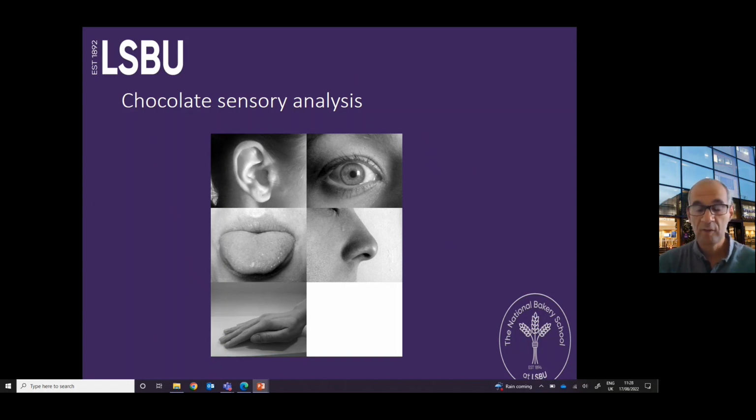So most of what we call taste in everyday language is actually a smell. When we say that something tastes of orange juice, for example, or of chocolate, what we are detecting is a smell. So it smells of orange, it smells of chocolate. Our tongue is very limited in terms of the detection of taste.